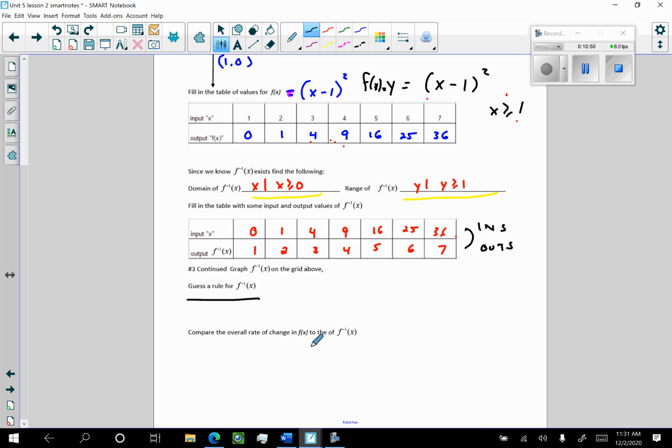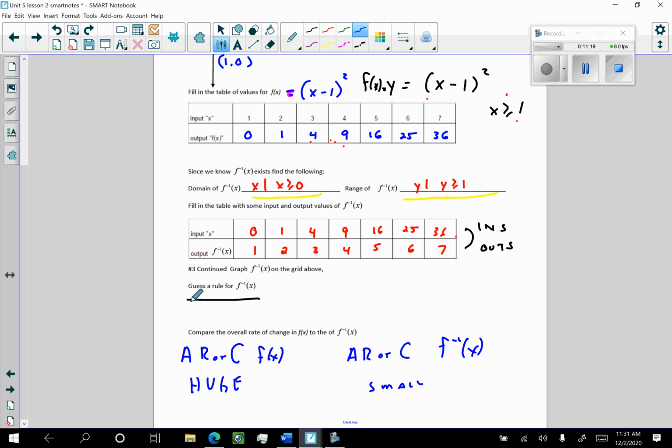So the average rate of change of f is going to be large. It's going to be huge. And the average rate of change of f inverse is going to be super small.